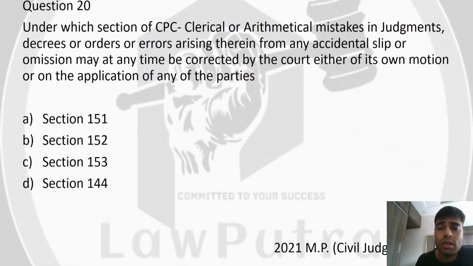Next question. Under which section of CPC can clerical or arithmetical mistakes in judgments, decrees, or orders, or errors arising therein from any accidental slip or omission, be corrected by the court at any time, either on its own motion or on the application of the parties? Section 151, 152, 153 or 144?